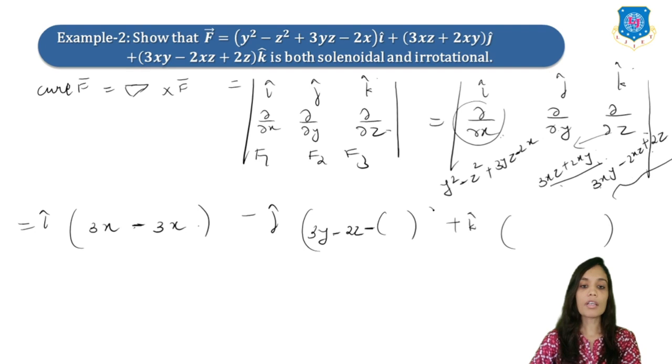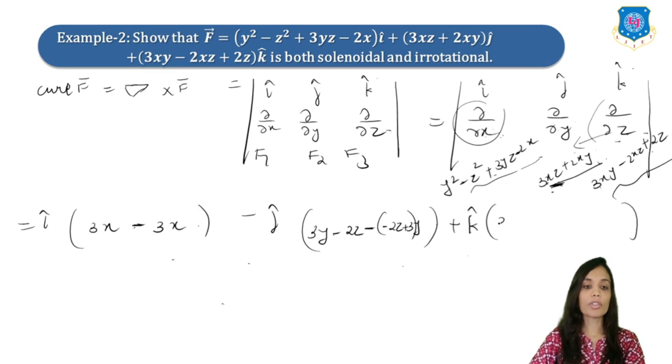Now minus, and now find the partial derivative of this function with respect to z. So answer will be minus 2z, okay, and plus 3y, okay, and lastly we have to solve from here. So it will be 3z plus 2y minus, now solve from here, so we have to do the partial derivative of this with respect to y. So it will be 2y plus 3z again.